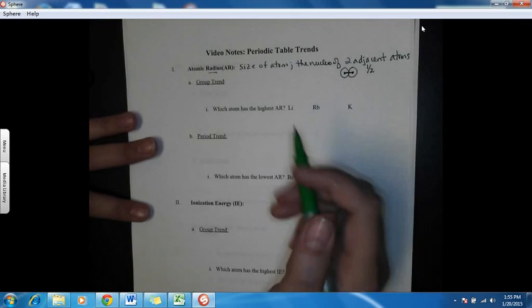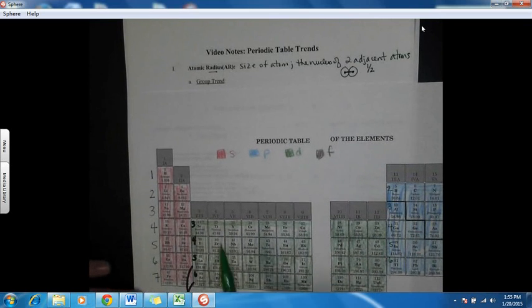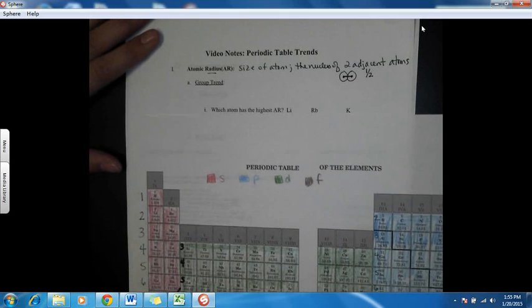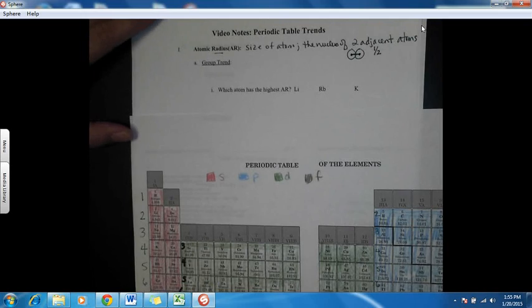Alright, so the group trend, what happens? Well, let's think about in a group. Let's just take group 1, for example. So what happens as we progress down this group? Well, we add an additional energy level. If you recall when we did our Bohr diagrams, which we know is outdated, but it still helps us to visualize.